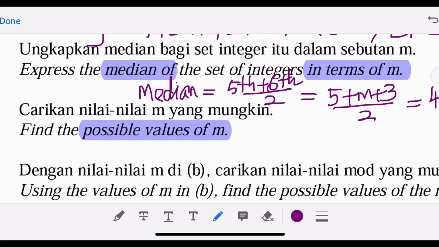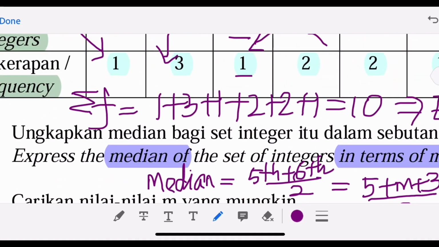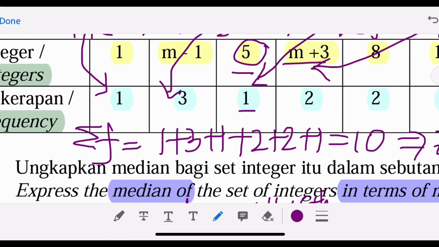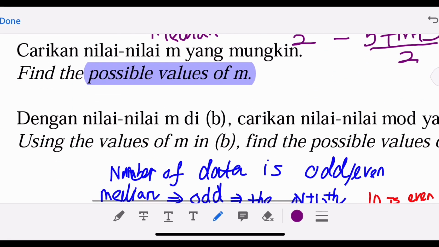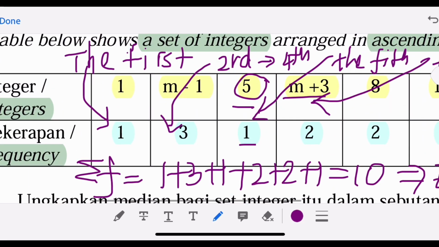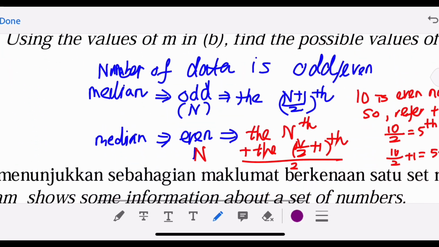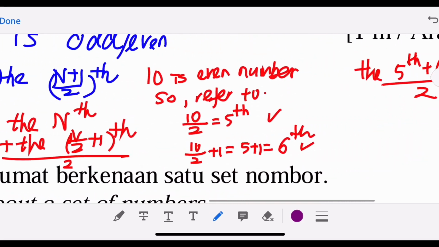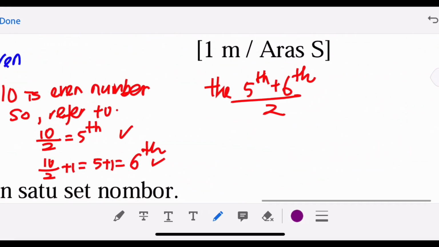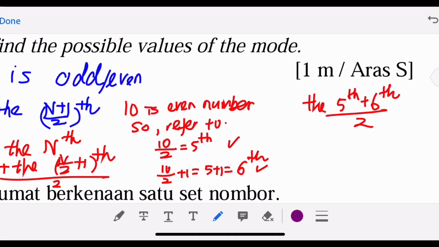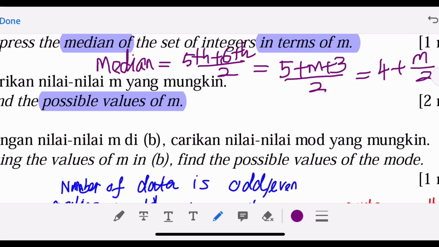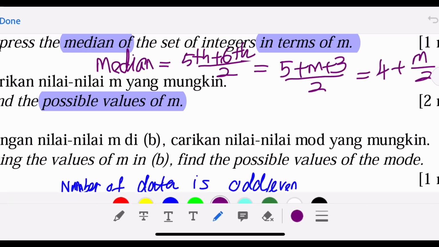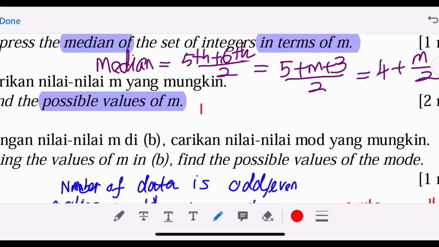If you look at the table, for the first one, you have the integer 1. For the second one, m minus 1, it shows that m must be more than 1, right? Why? Because if not, you will get 1 minus 1, which is less than 1. I hope you understand. So m must be a number more than 1.